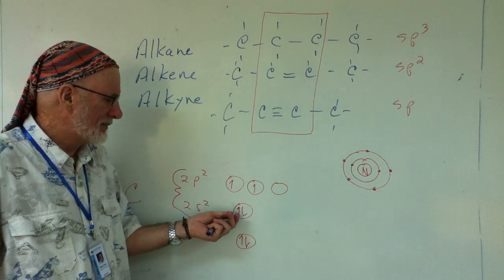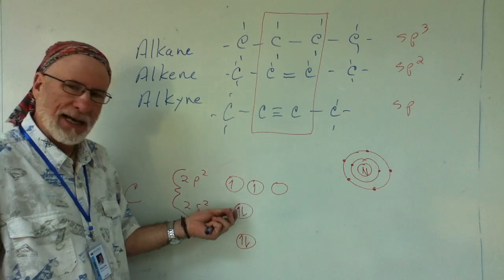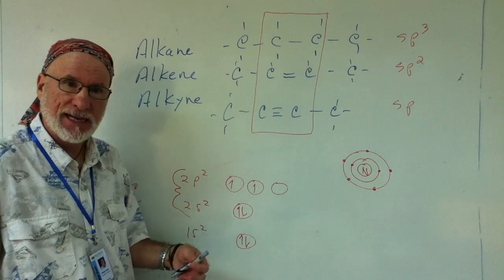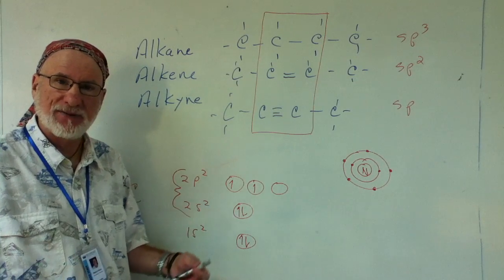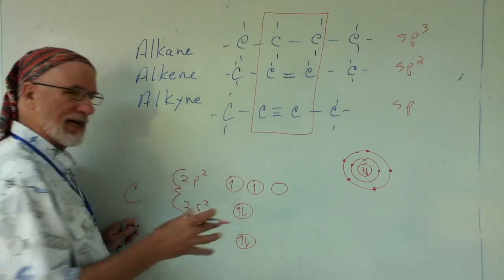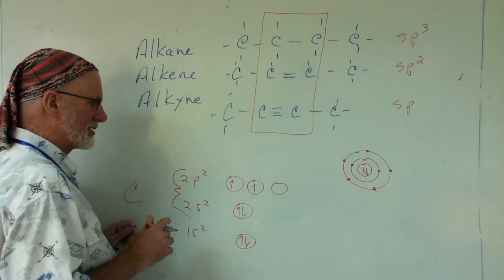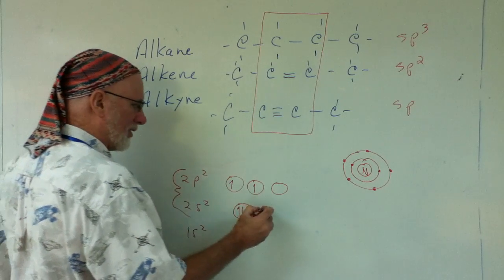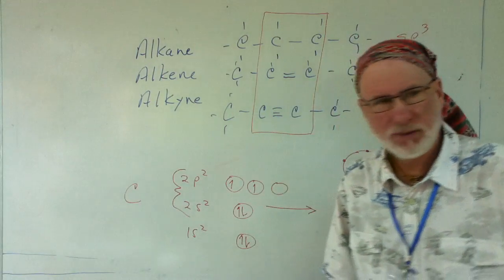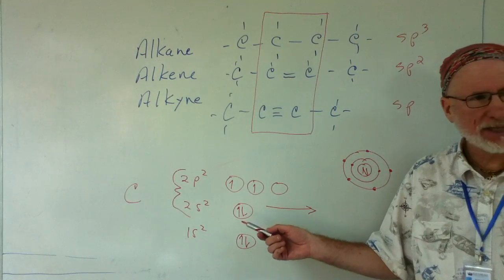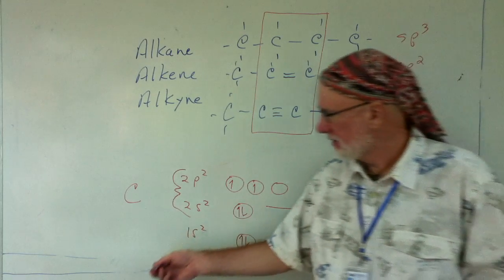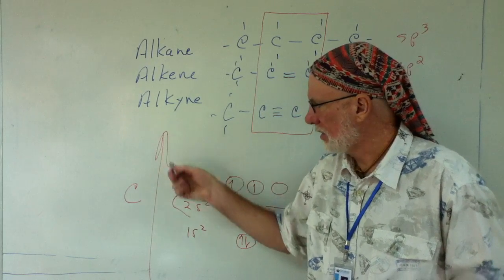Right, let's do this. We'll do sp3 first, because that's the one that everybody thinks of when you think of hybridization. It's kind of the easiest one to understand. What happens is this level undergoes this change. Do you see how this orbital is at a lower energy state? Energy is increasing, going up.